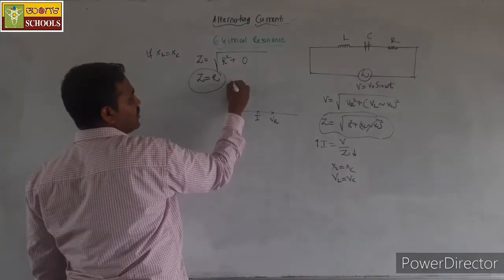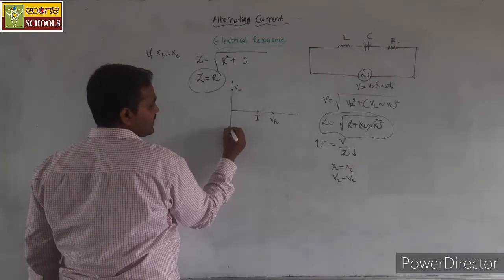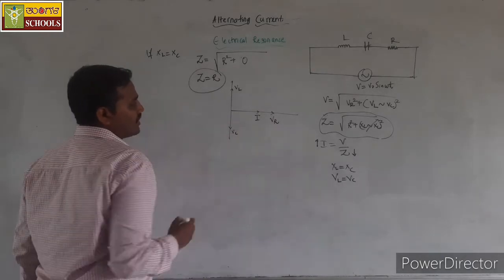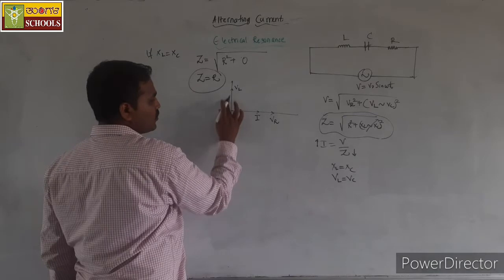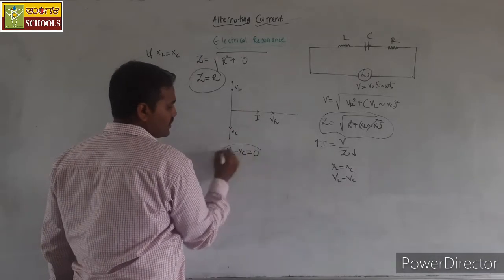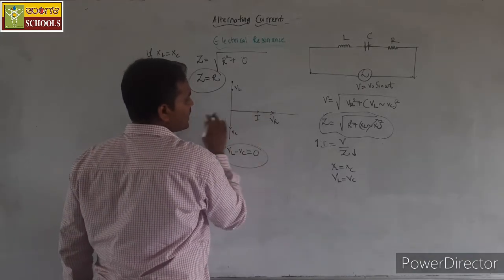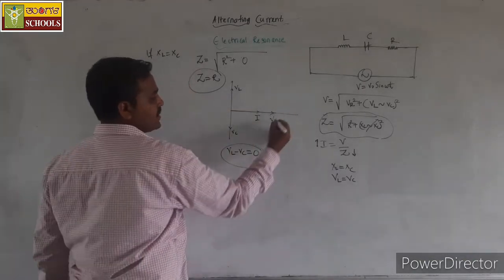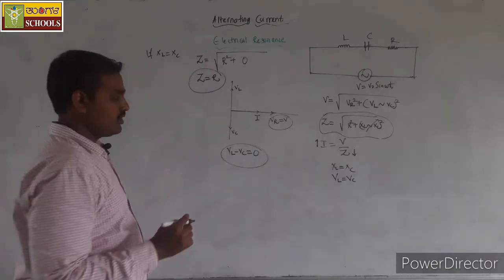And we know VL is along the positive y axis and VC is along the negative y axis. When VL is equal to VC, VL minus VC will be equal to 0. And the resultant voltage will be along the x axis. So VR will be equal to the resultant voltage here.